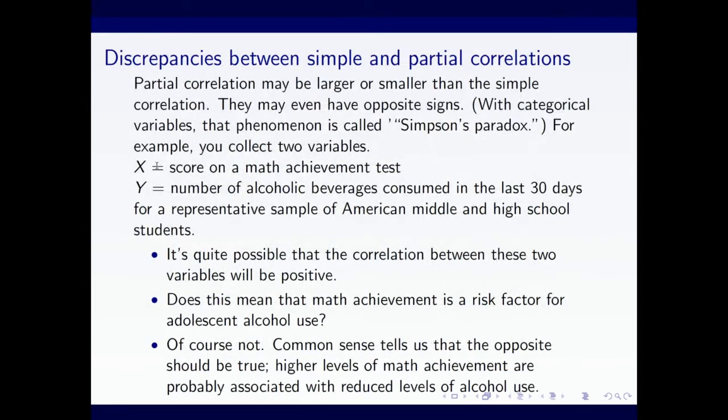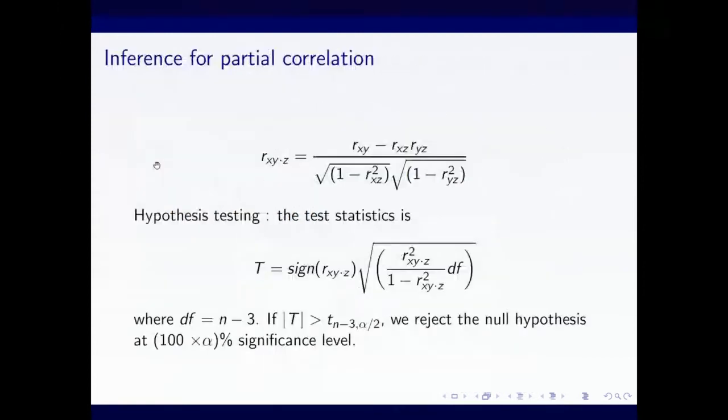We also see that there's a discrepancy between simple and partial correlations. They may not be in the same direction. They may even have opposite signs. We have looked at the example. Now today I'm going to talk about the inference for the partial correlation.